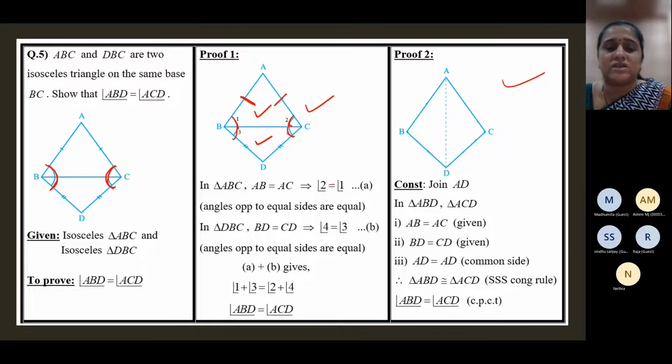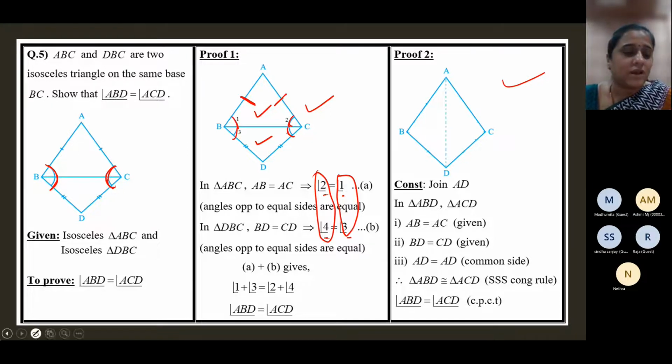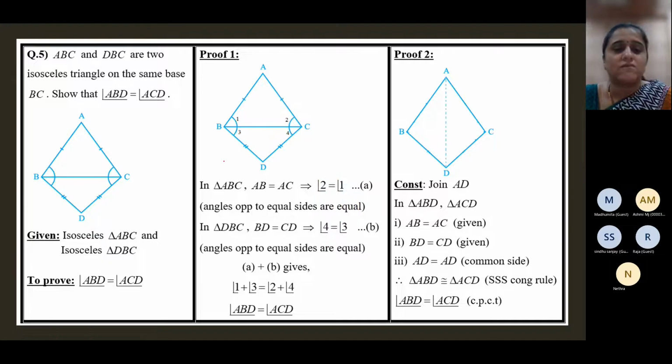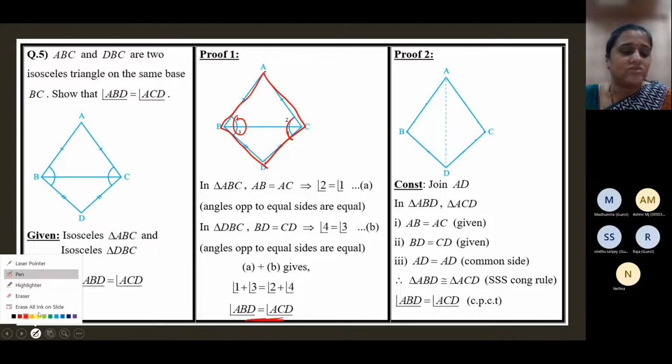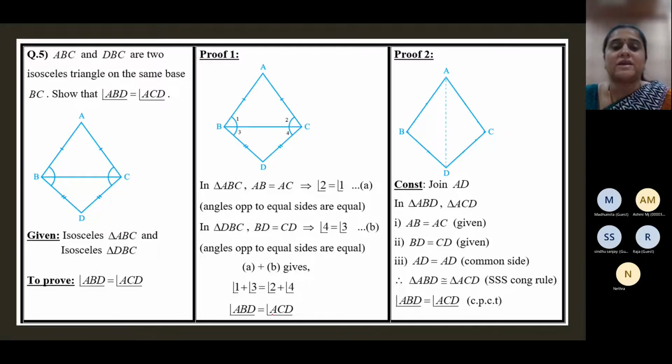When you add the two results, angle 1 plus 3 is equal to 2 plus 4. 1 plus 3 is angle ABD, and 2 plus 4 is angle ACD. So we prove the result that angle ABD is equal to angle ACD.